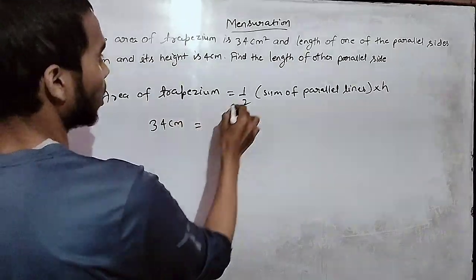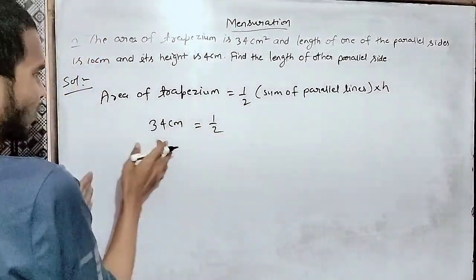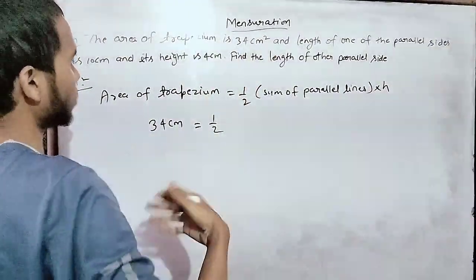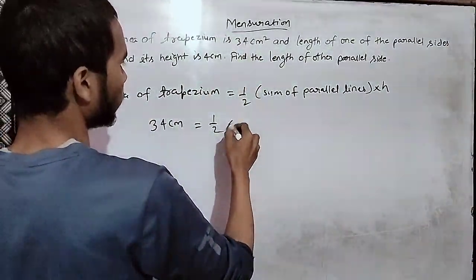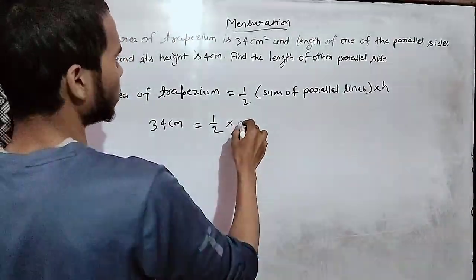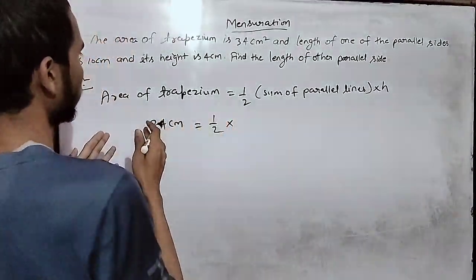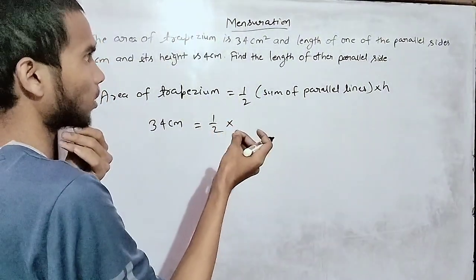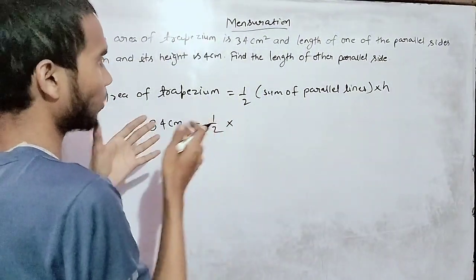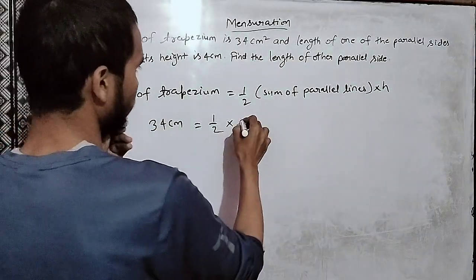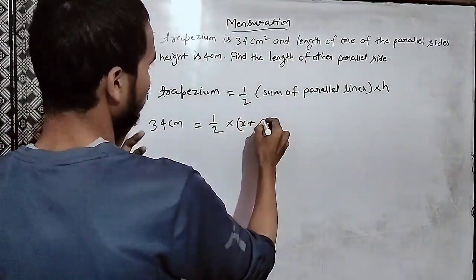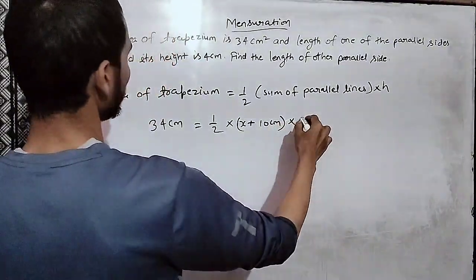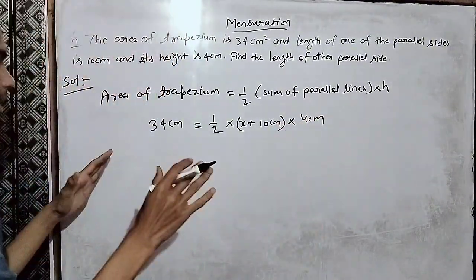Okay, 1 by 2 times the sum of the parallel sides. Since we don't know the length of one parallel side, we will apply the x value. Okay, x plus the second, which is 10 centimeter, and then the height is 4 centimeter. Now we have a linear equation.